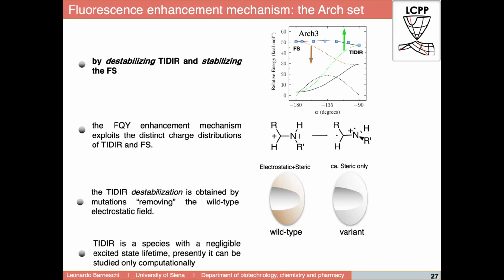It's the first time that someone has proposed this twisted intermediate diradical structure to explain the increased barrier along the isomerization path. Presently, we can only study it at the computational level because it's so close to a conical intersection that it's not possible to study with spectroscopy.